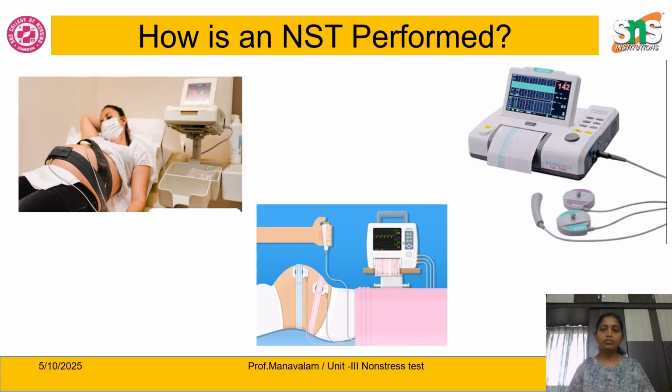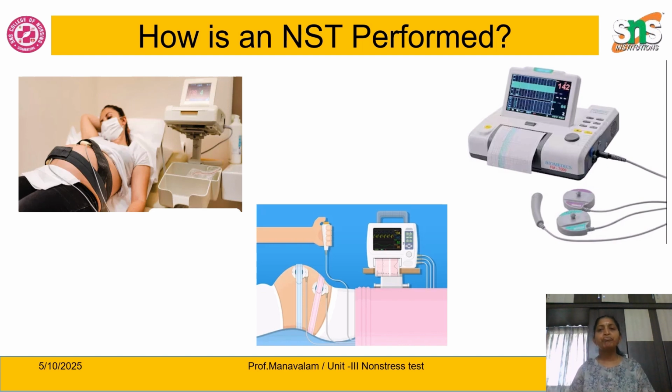How is the NST procedure performed? Actually, on the right side is the NST machine. It has a digital monitor. In that monitor the results come on a graph sheet, as shown in this picture.